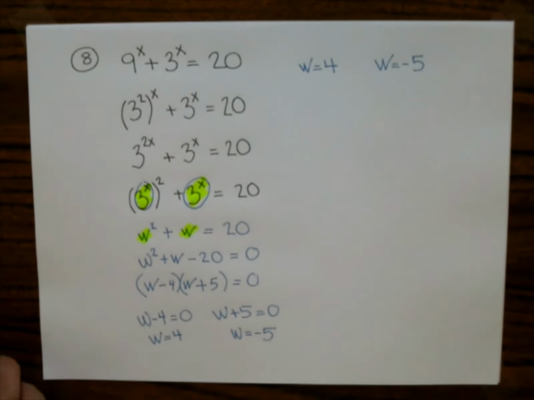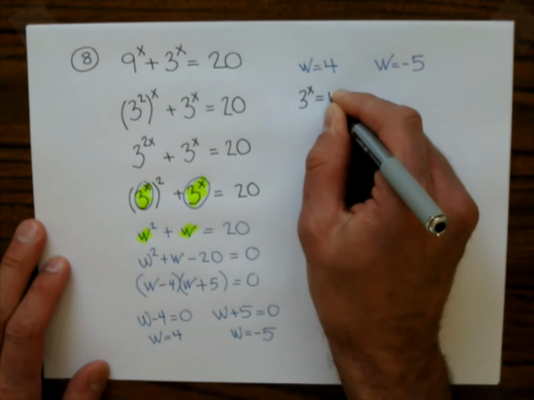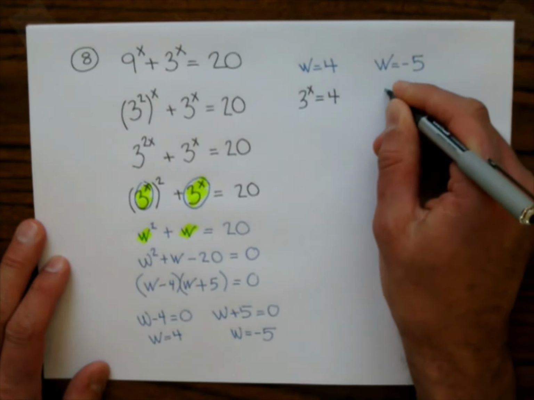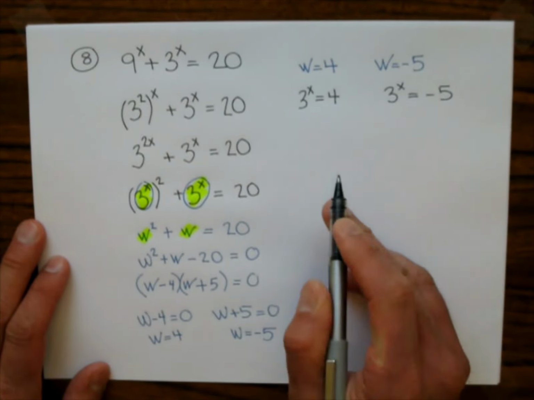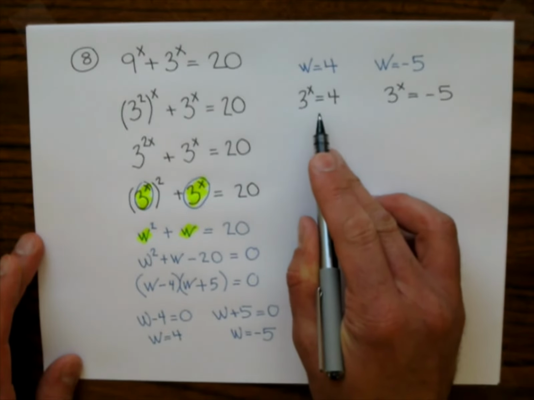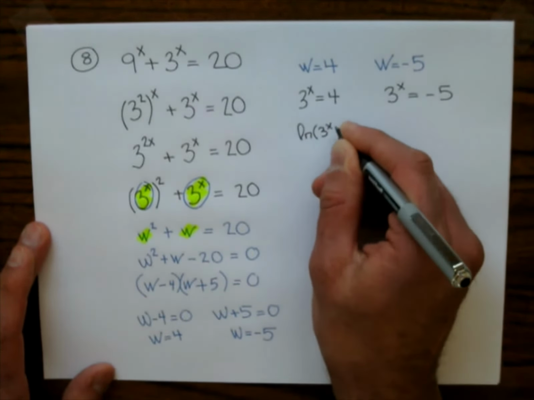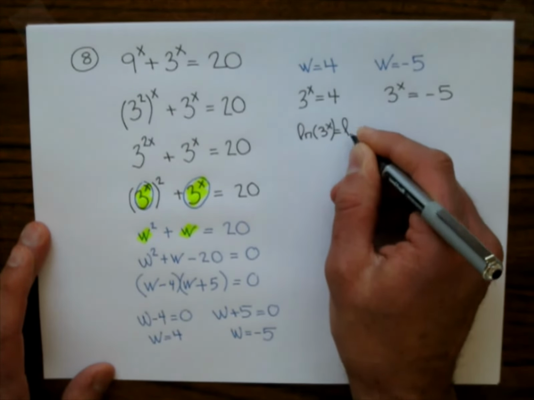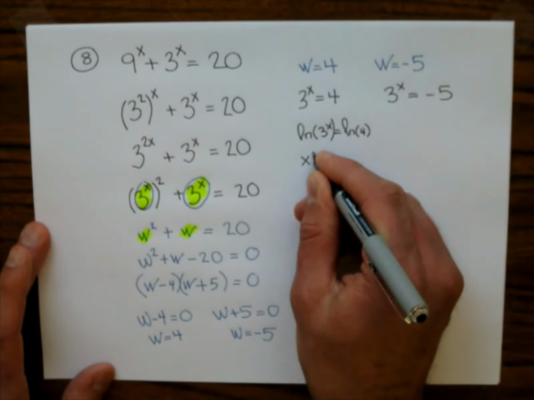Okay? So this is 3 to the x equals 4, and over here it's 3 to the x equals -5. 3 to the x equals 4 is now just a basic exponential equation. I'm going to ln both sides. I'm going to use the power rule, bring the x out front.